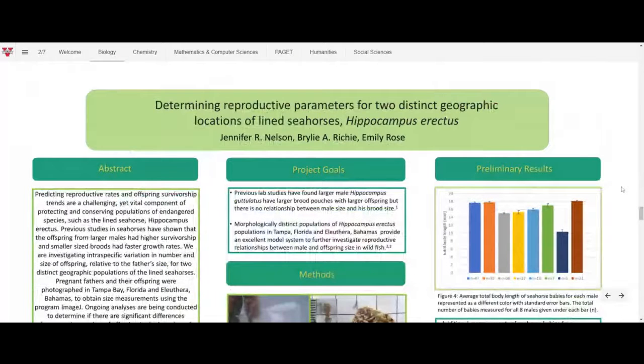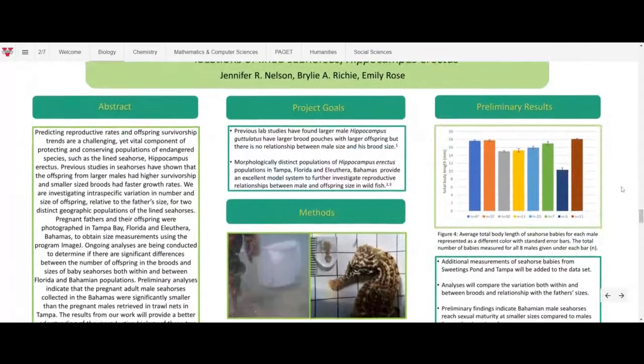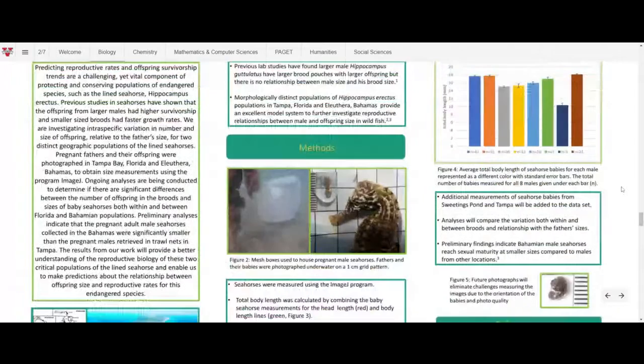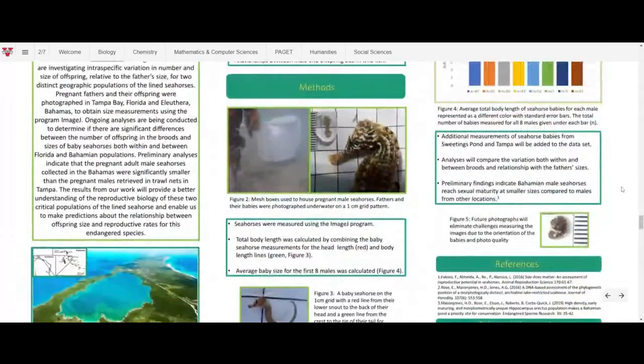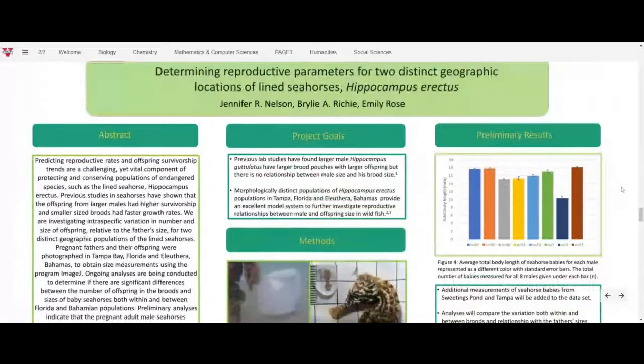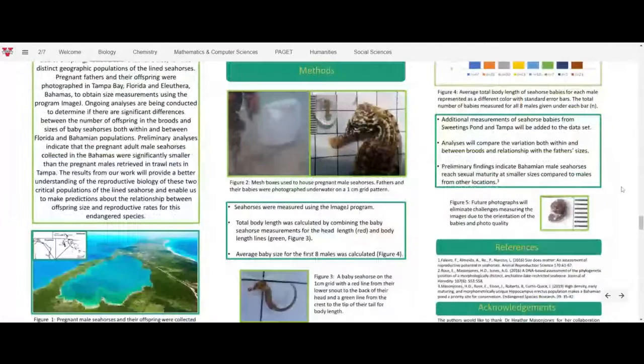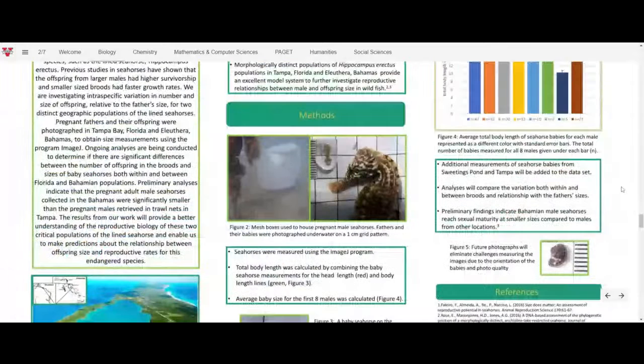It's a fairly new project, so right now we're just doing measurements through an online imaging program, and we're able to set the scale, and it will count the number of pixels, and then we can set that amount of pixels to be a certain length, like 10 centimeters, and we will use that to measure our seahorse babies.